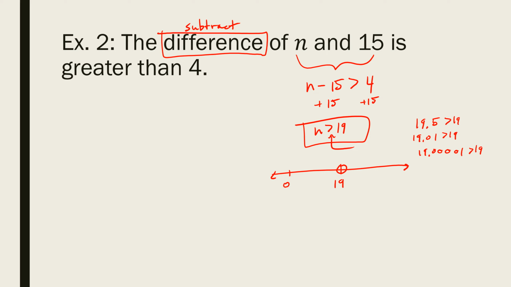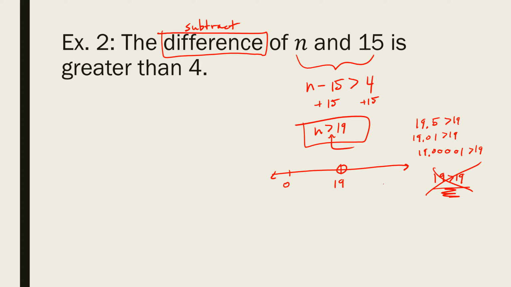But it can't actually be 19. Is 19 greater than 19? No, it's not. So I'm going to draw the open circle to represent, hey, 19 is obviously an important number, but n actually can't be 19.